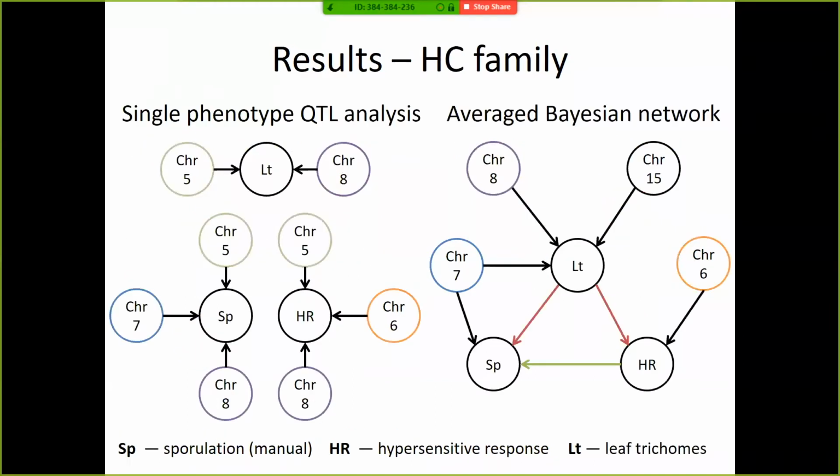So it's a little bit more interesting in the HC family, where we found that leaf trichomes have a negative effect, this red arrow, on sporulation and HR. And HR had a positive effect on sporulation.